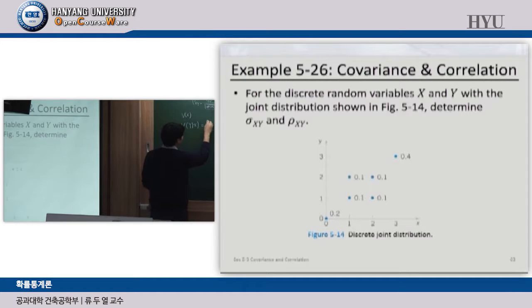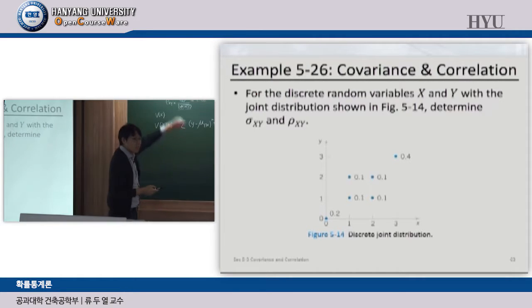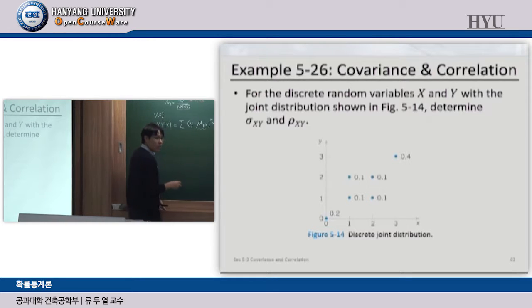And that is equal to the summation of y minus mu y given x squared by the conditional probability mass function of y given x. Okay? So we have already learned about this equation. And in here, this is the conditional mean, right?